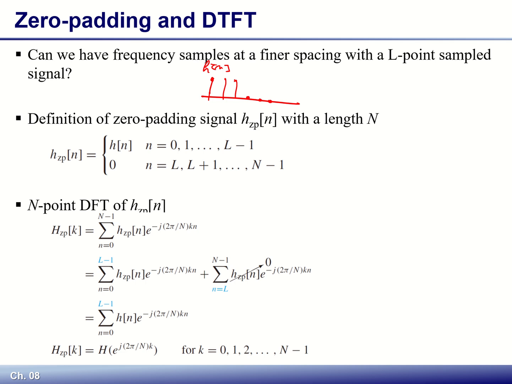So from L minus 1, L, to N minus 1, for larger N, we have the same values as the original h[n], and from n equals L to N minus 1 it will be 0. Just put 0. So we call it zero padding.